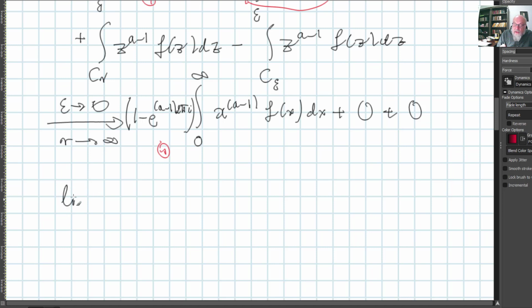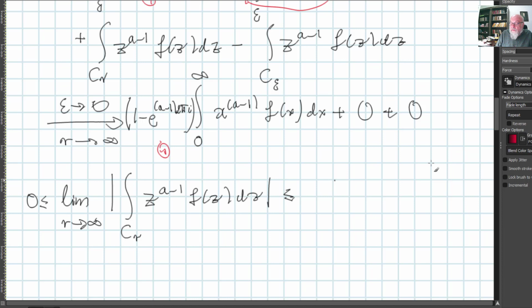So let's say like this, I want to compute limit, so limit is 0, as r goes to infinity of this integral absolute value, CR z a minus 1 f of z dz, which is smaller or equal than limit, and as r goes to infinity, this is integral CR, and then I put this inside and change the type of the integral.